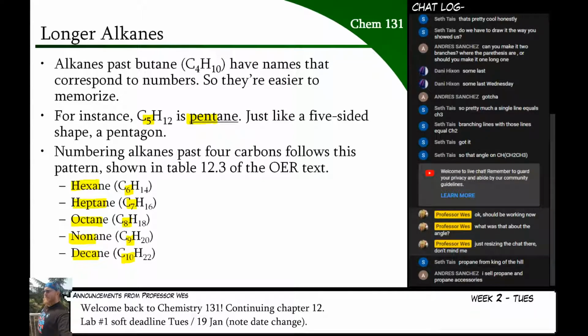Now, this is in table 12.3 of your text online. But these are worth committing to memory, too, because these are going to be our chain backbones when we name stuff.